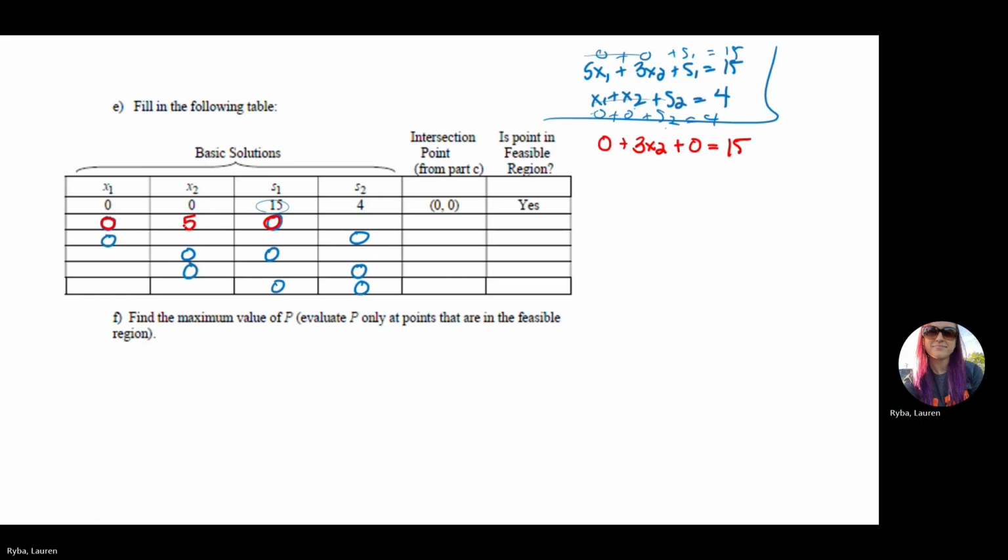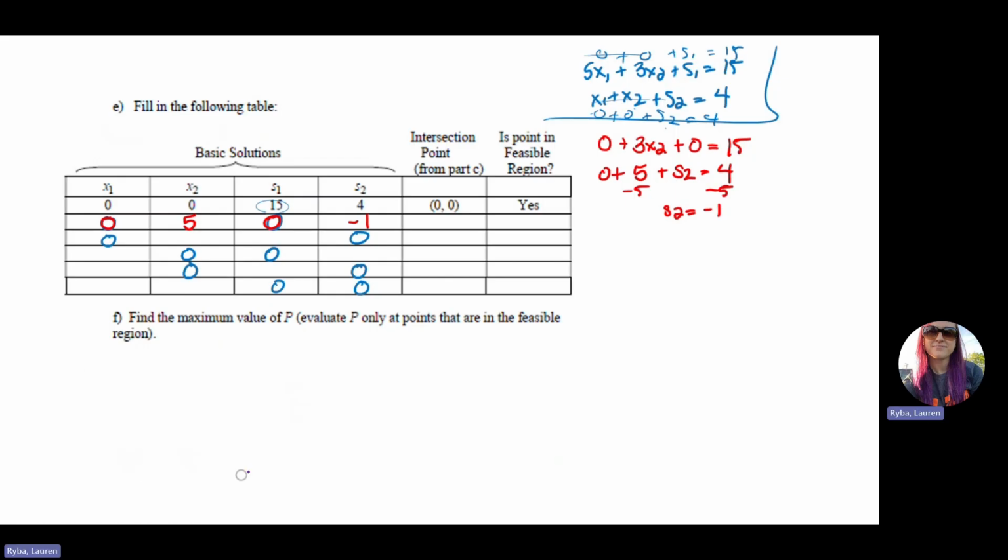Okay, so x2 is 5. So now I go to the second equation and figure out my missing variable slack 2. So x1 is 0, 0 plus x2 is 5, plus s2 equals 4. To solve for s2, I've got to subtract 5.